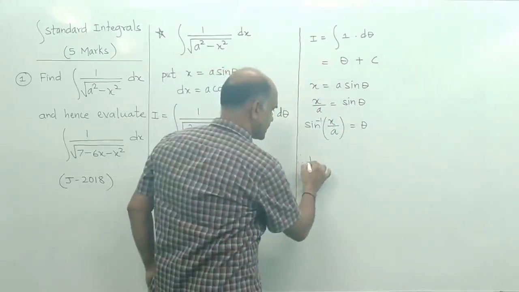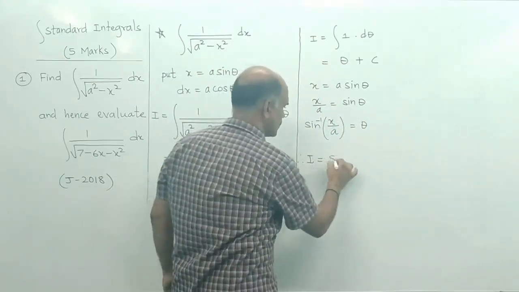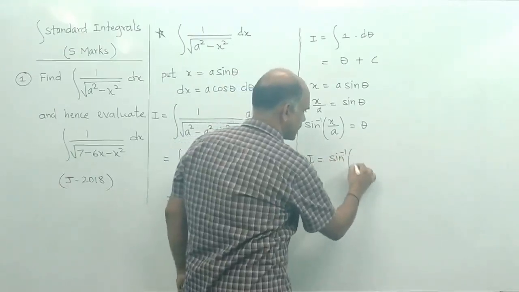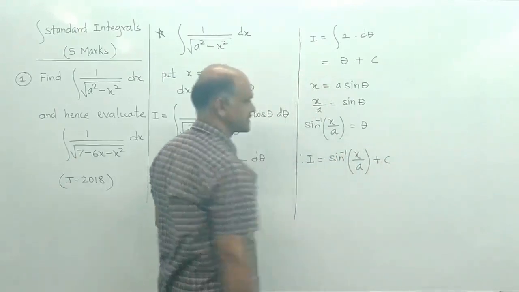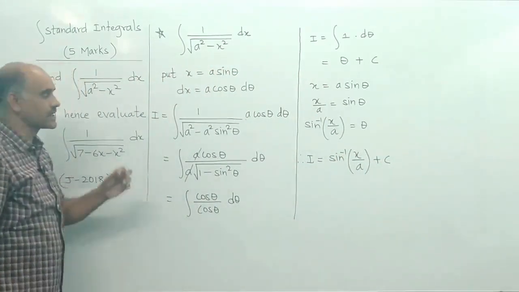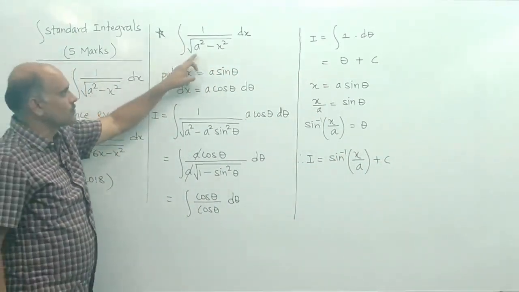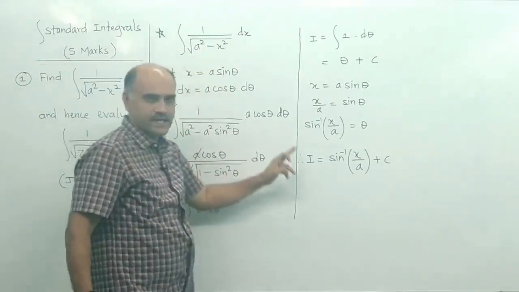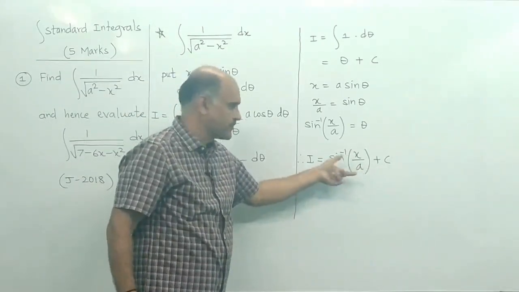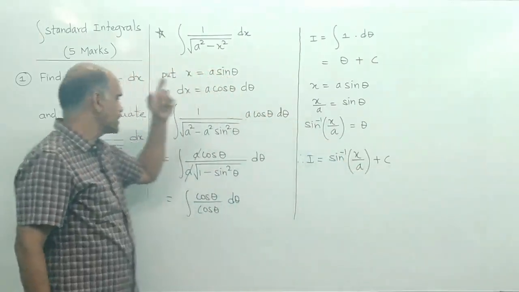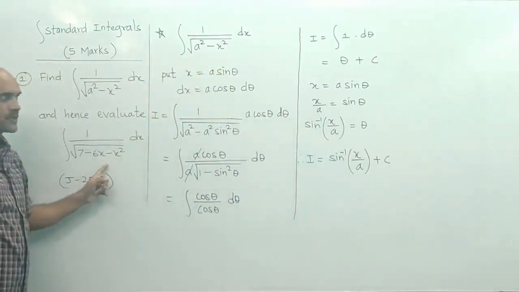Therefore the answer is I is equal to sin inverse x by a plus c. This is our answer. So integration of 1 by root of a square minus x square is sin inverse x by a plus c. Now you are required to use this formula for the given problem.